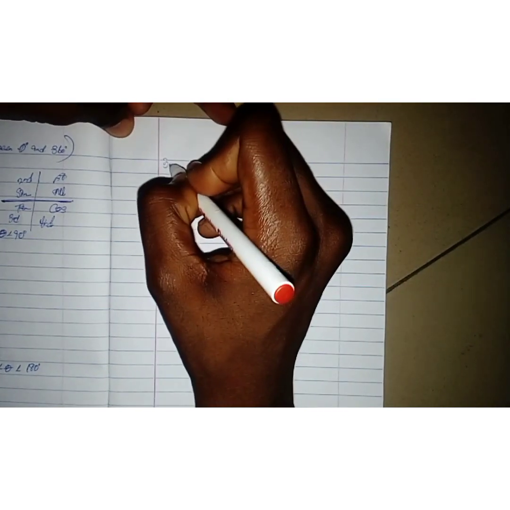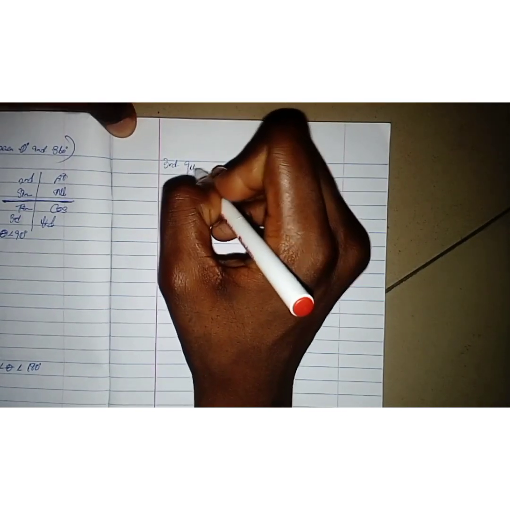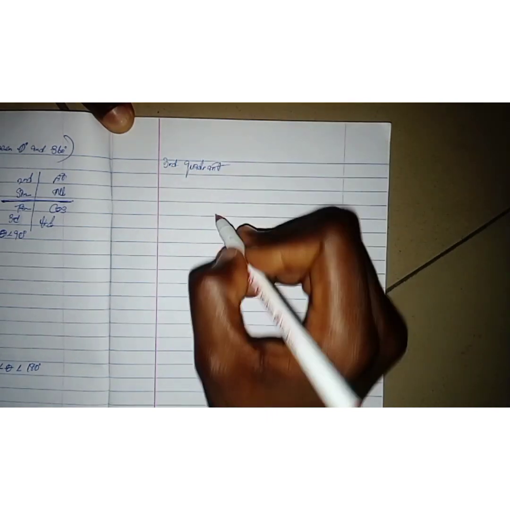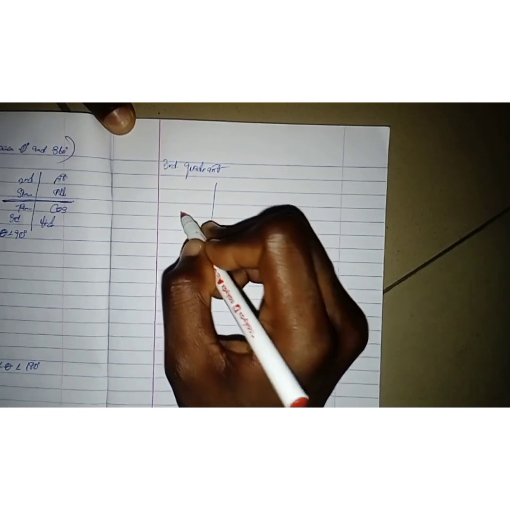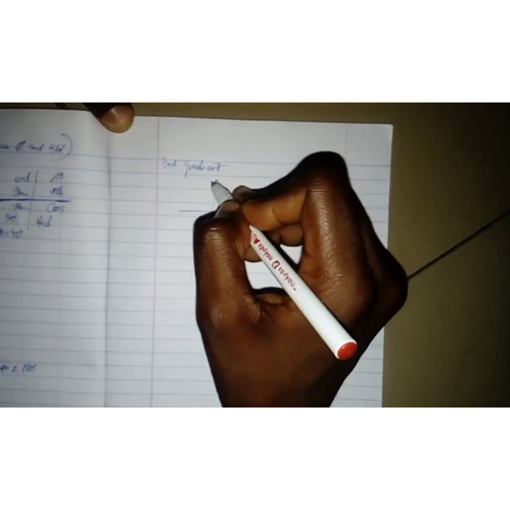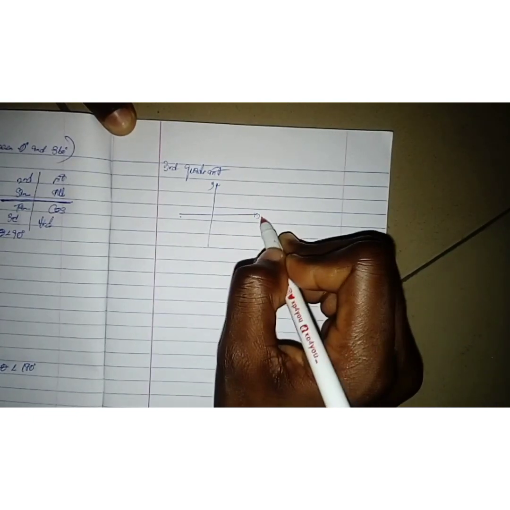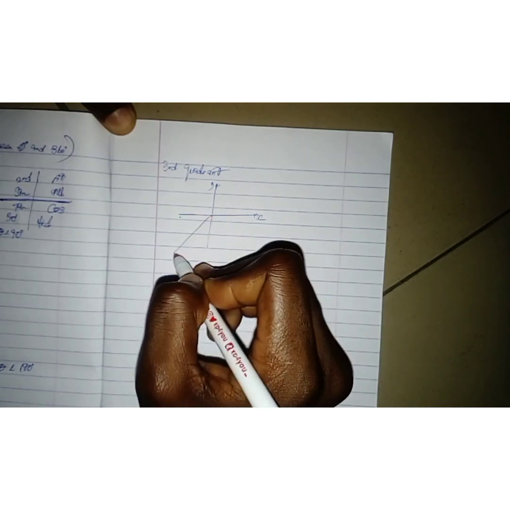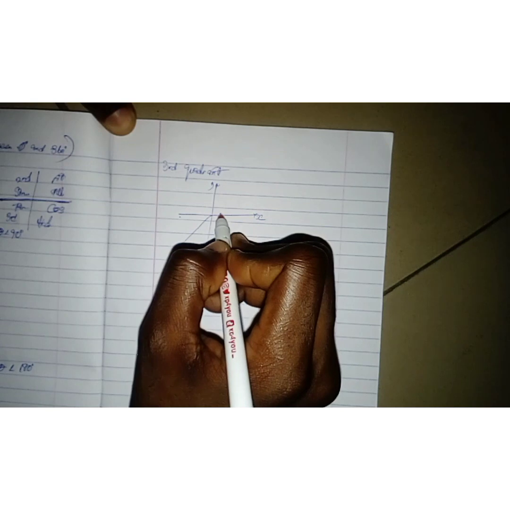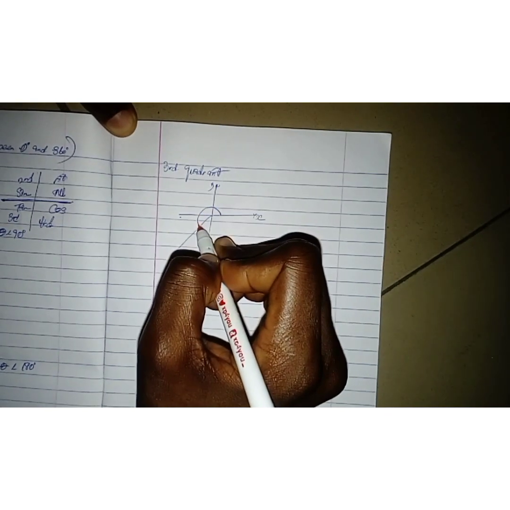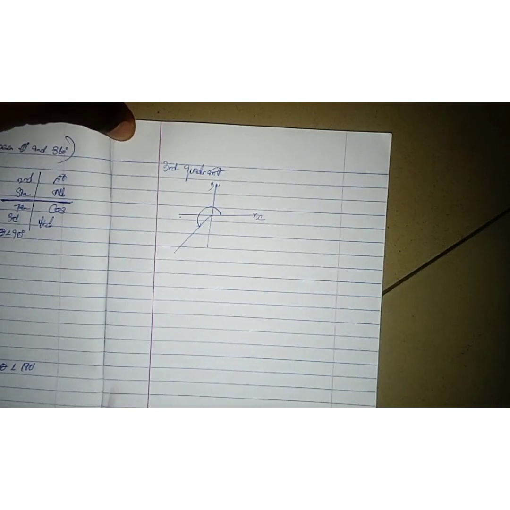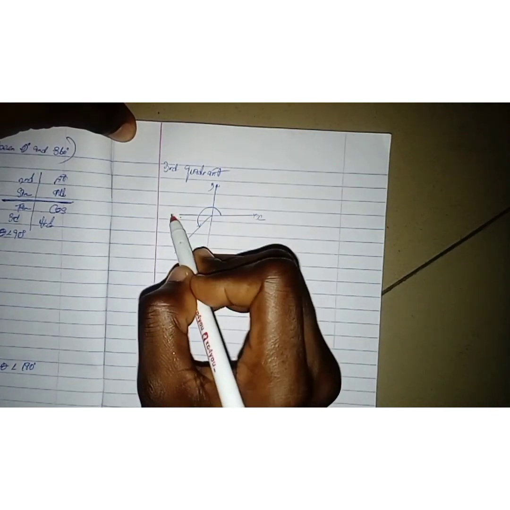While for the third quadrant, we have that this is y, this is x. This is the first, second, and this is the third quadrant. Now the angle goes like this. Remember, you are only looking for this angle.